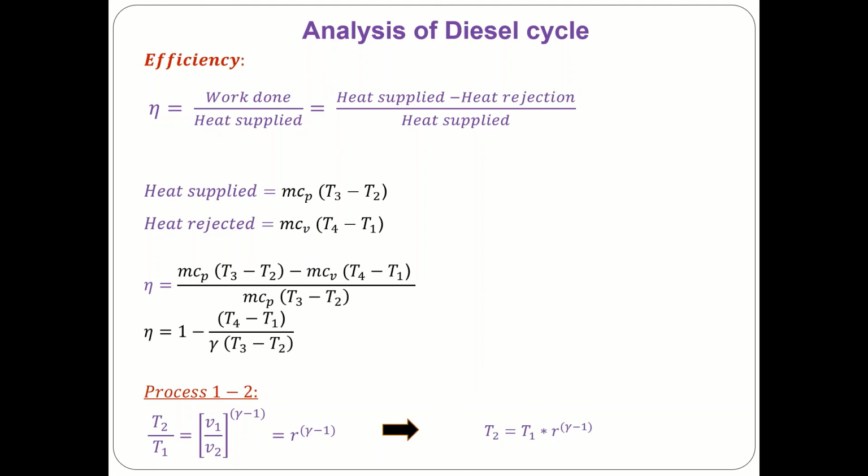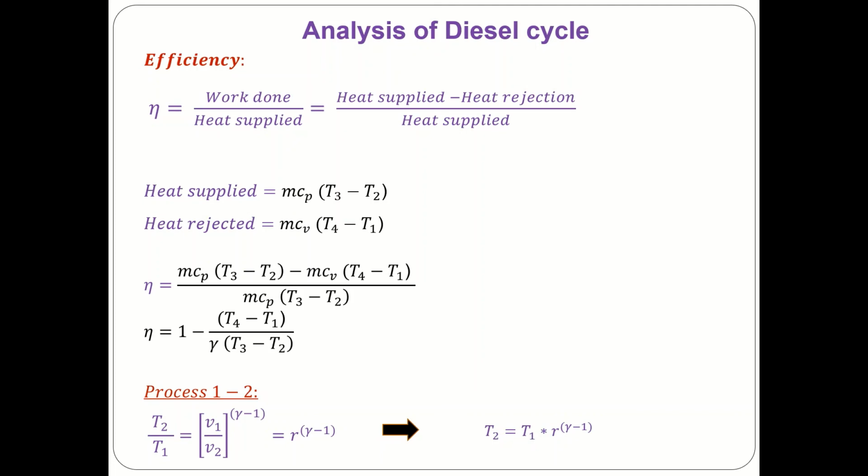Now, what we will do is, we will consider each process separately, and we will get all the temperatures in terms of T1, right. Earlier I used some other method in order to obtain the final expression, but here I will get T2, T3 and T4 in terms of T1.